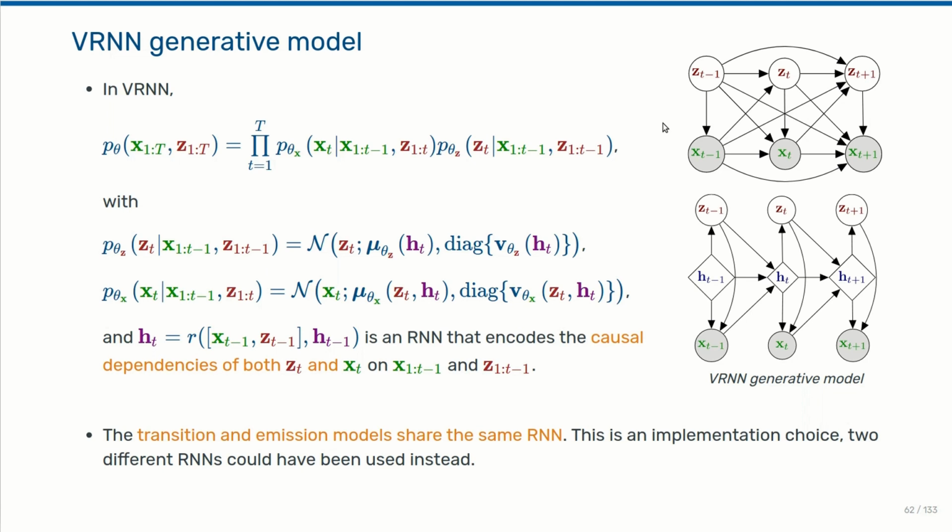So in a way, ZT depends on all previous variables, and XT depends on all previous variables as well as ZT. This means that when we decompose the joint probability of the whole sequence of observations and latent code, which is the first equation, we have all possible dependencies here in X and in the distribution of Z.